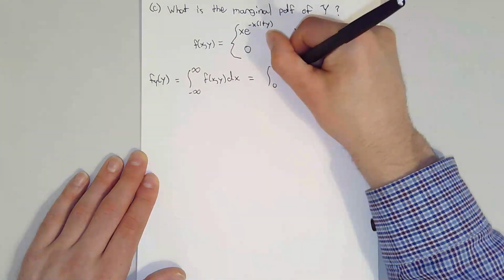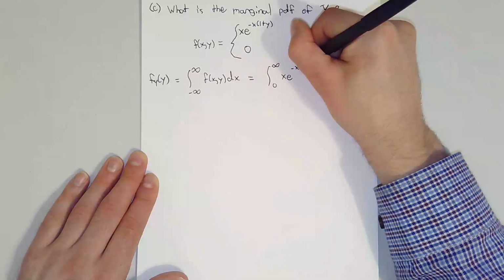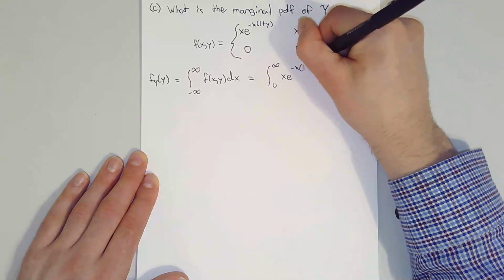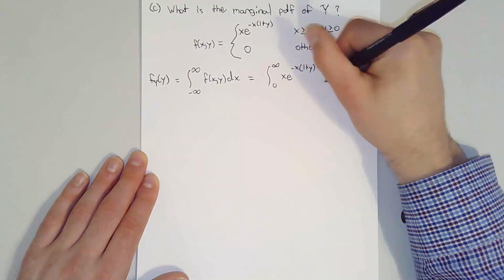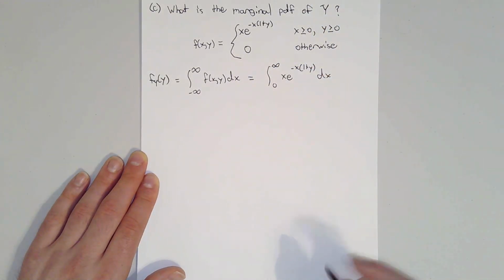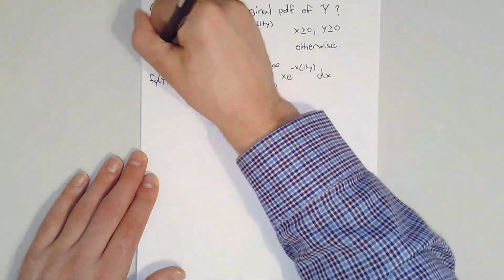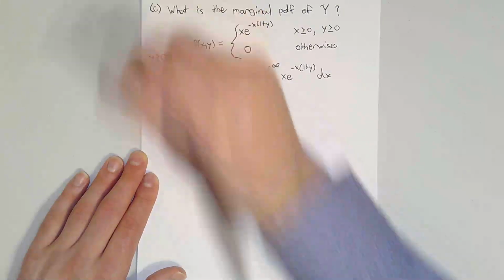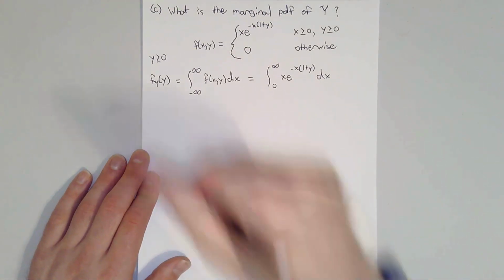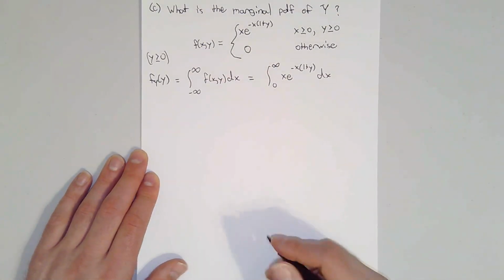And so this is then x e to the, just like so. So here we're assuming again that y is greater than or equal to 0. So under this assumption, we have the following.